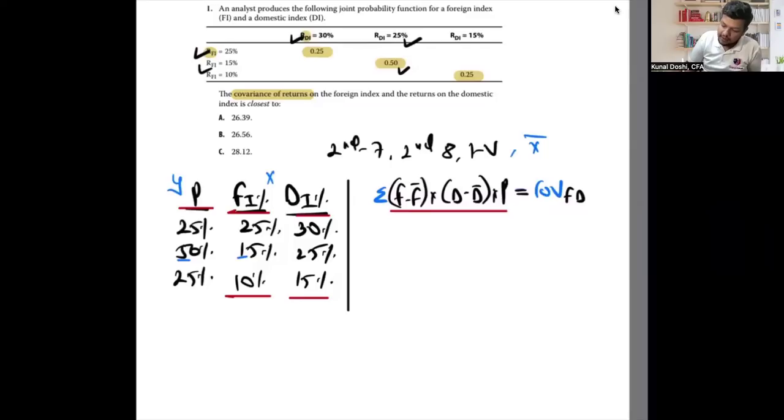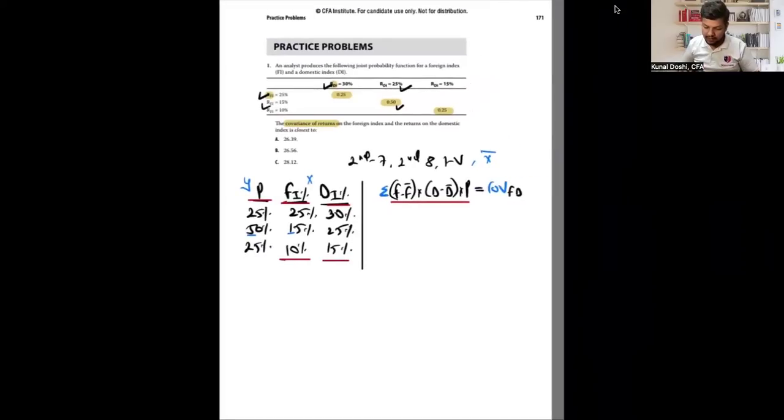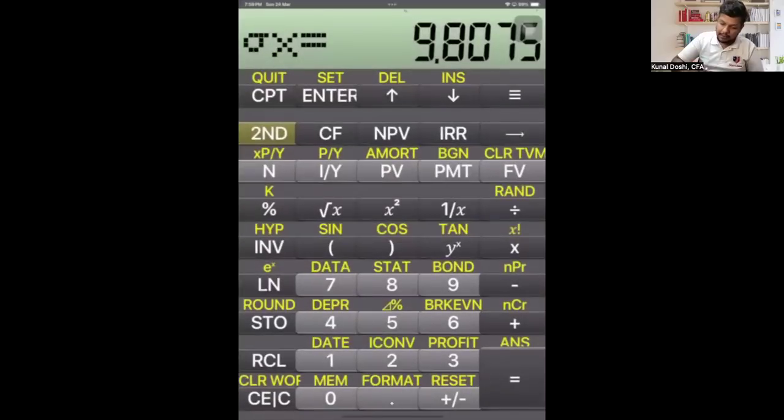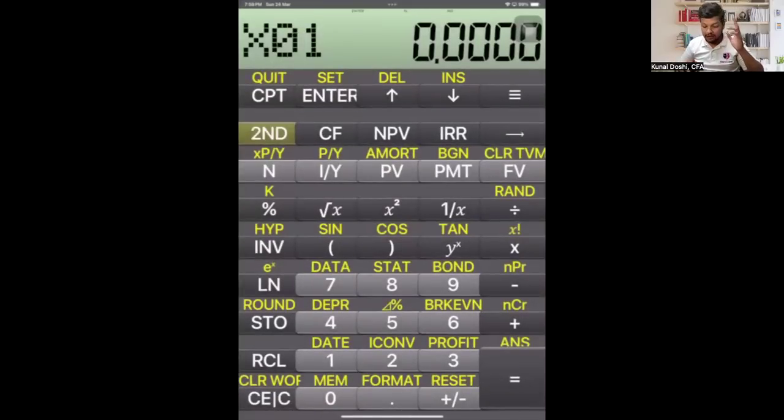Let me know what's your X bar in the first case. Anyone? I'm not solving it. We've already solved that in the previous case, but if you want, I'll solve it. Okay, how to quickly do this, guys? 25, 15, and 10. So I press second 7, second clear, second clear. So I have the numbers: first 25, 15, and 10.